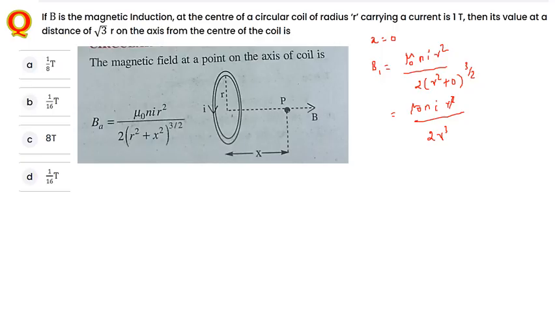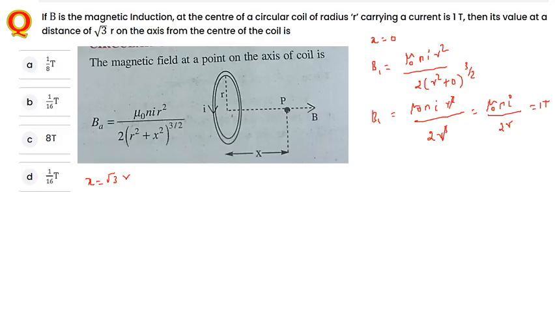Cancelling, we get mu naught N I divided by 2r. This value is given as 1 Tesla. Similarly, if x is equal to root 3 into r, we have already found the answer in the previous problem.